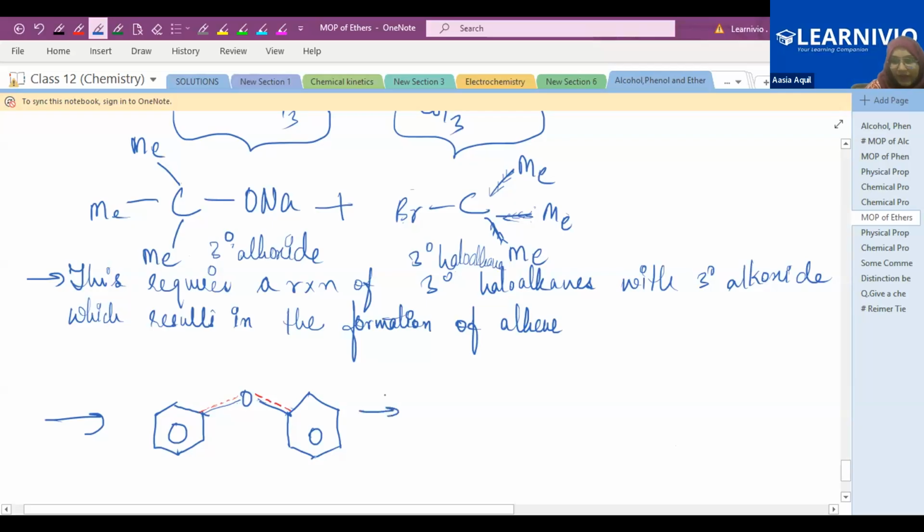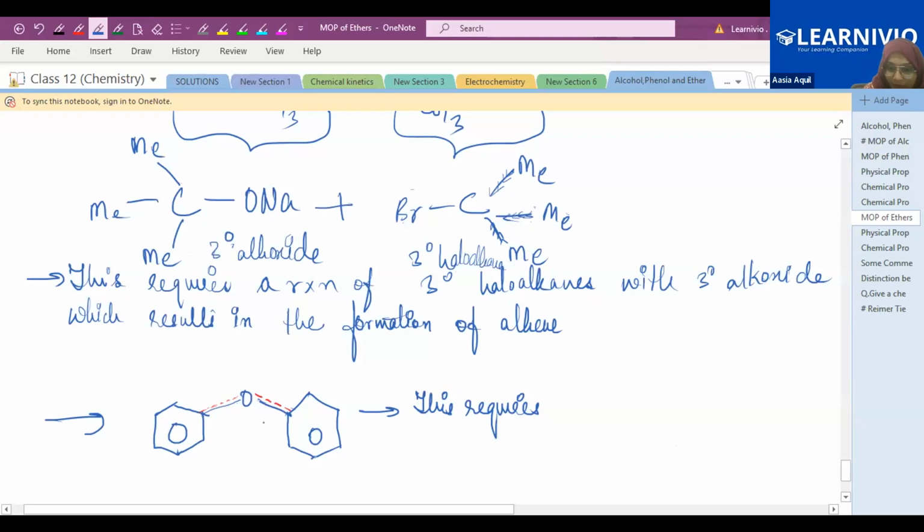Okay, so you can write down the reason. Another reason you can write: this requires basically this reaction. This is the product. How would this product be formed? What must be the reactants? The reactants must be phenoxide and a haloarene.